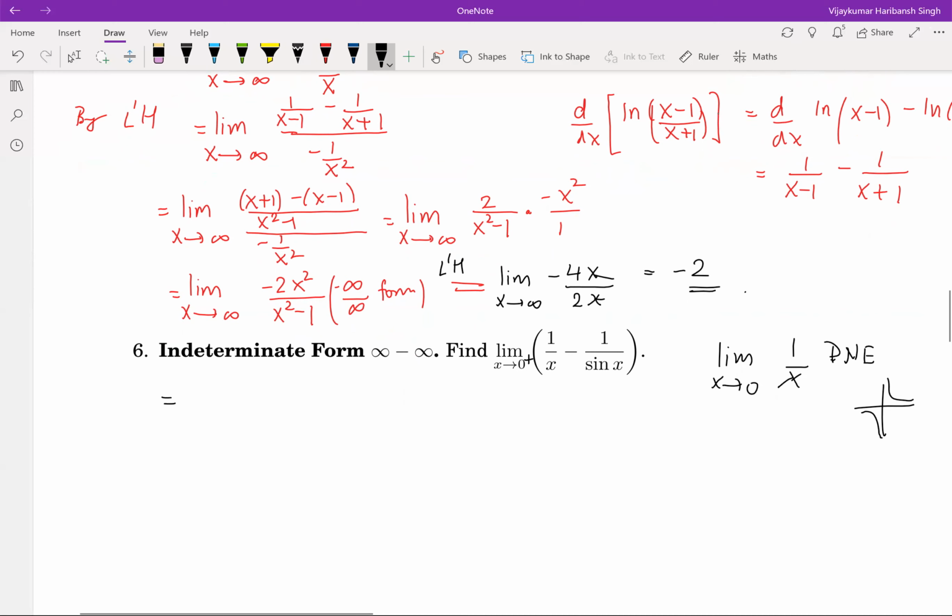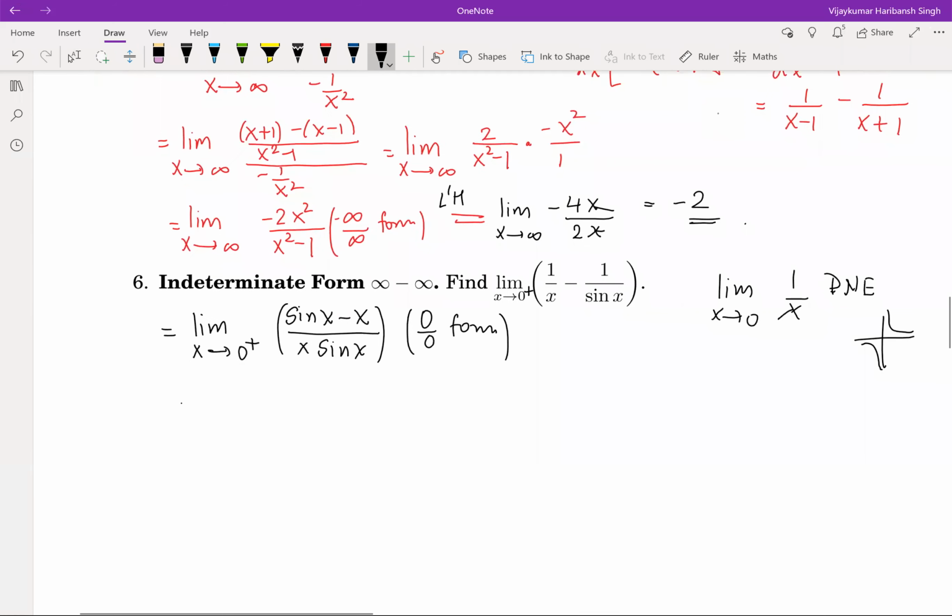So this limit is going to be limit as x goes to 0 plus sine x minus x over x sine x. Right. Now check whether we can apply L'Hopital's rule. So as x goes to 0 plus, sine 0 is 0, x is 0, so 0 minus 0 is 0. The denominator is also going to 0. So it's of 0 over 0 form.